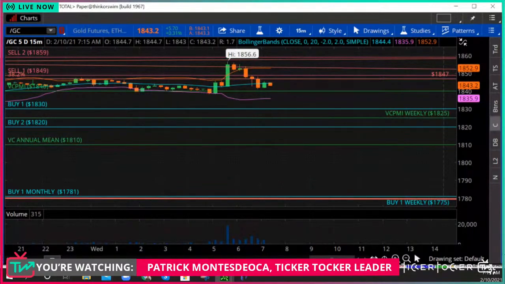For this day trade, it is short at 1846.80. The target is 1840.